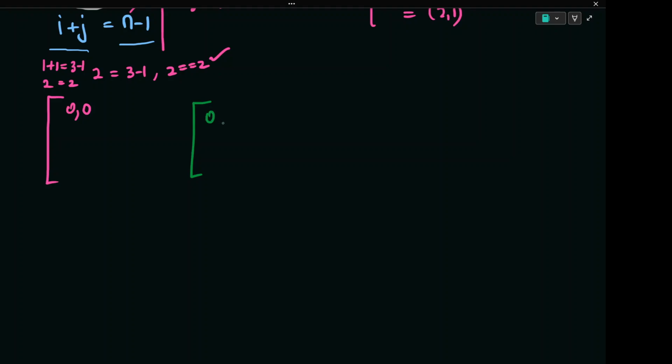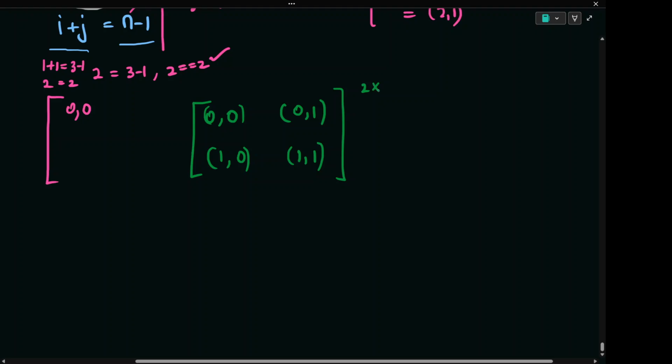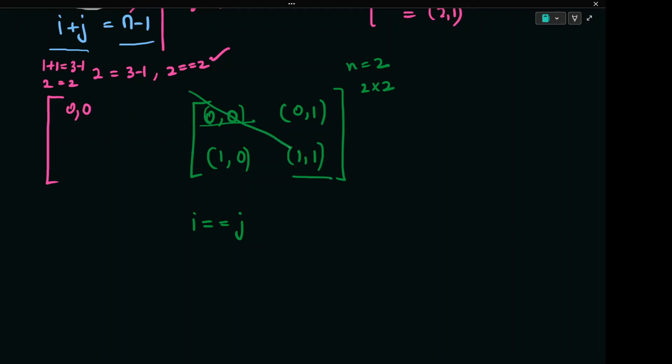Let's take another square for your understanding. Let's take 2 into 2: 0 comma 0 is here, 0 comma 1 here, 1 comma 0 here, 1 comma 1. It is now 2 into 2, so n is equal to 2. On this diagonal, we know that i is equal to j: 0 is equal to 0, 1 is equal to 1. Perfect.